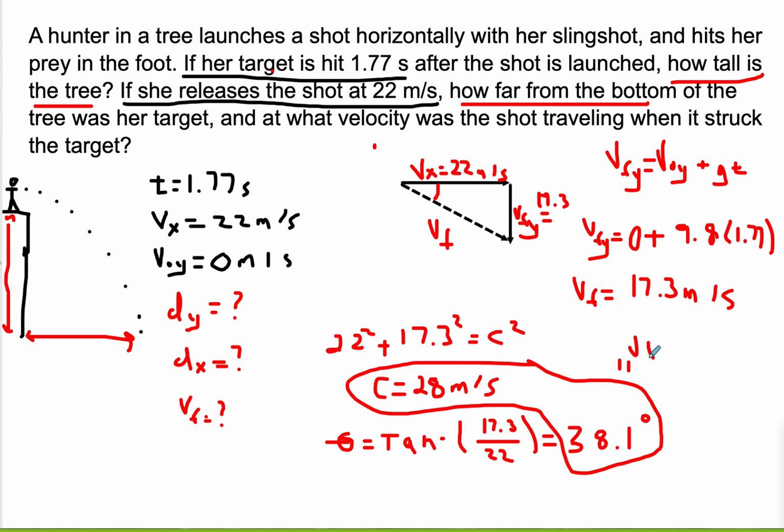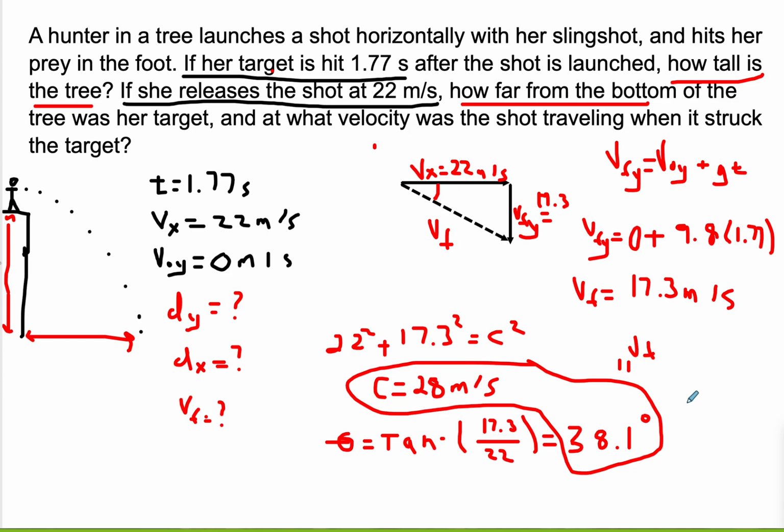Mr. V, for the Pythagorean theorem to find the VF, I got 17.4. I don't know what I did wrong. Okay, hold on. Can anybody confirm? 22 squared is 484.